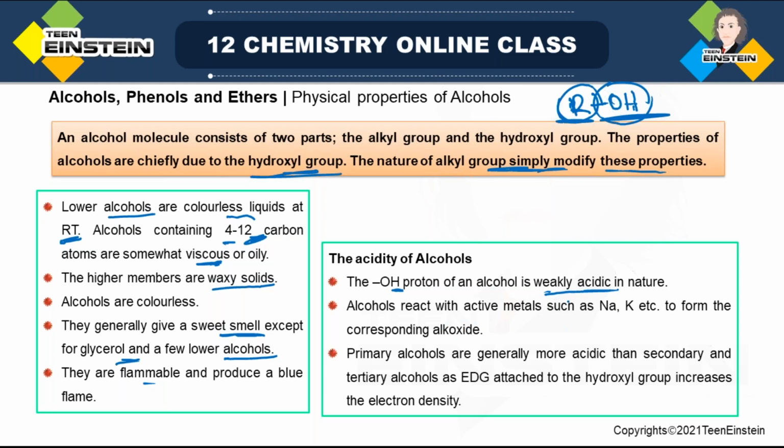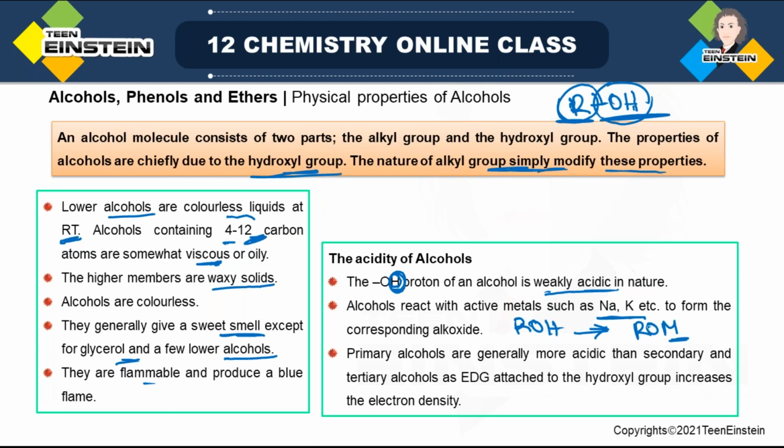Alcohols, because of the presence of this H, can react with active metals, mainly alkali metals, and form alkoxide. Alkoxide is when you convert ROH to ROM. M may be Na, M may be potassium.